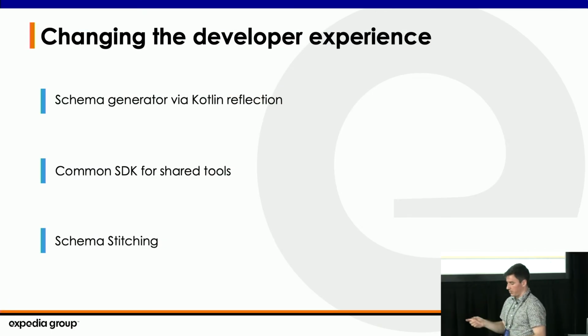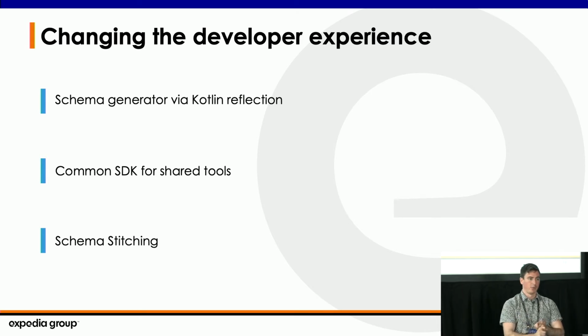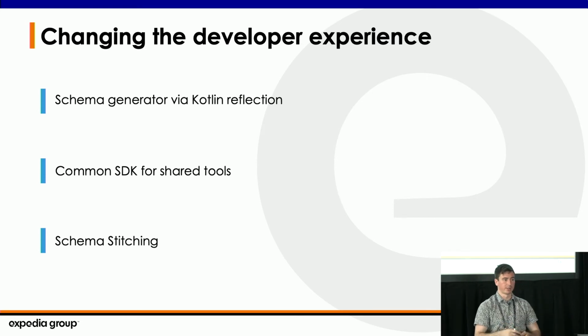So we first started by looking at, okay, if we want to do a GraphQL Java server, we looked into the GraphQL Java open source library. It's a great library maintained by a great community. It's very active. However, we noticed that we wanted to add some more features on top of that server implementation. We really enjoy using Kotlin at Expedia.